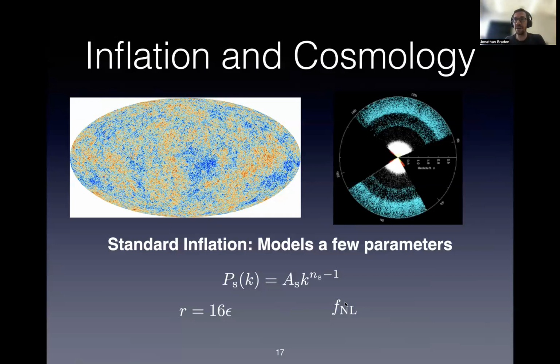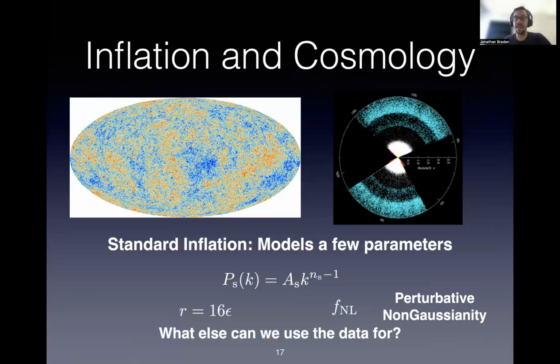But really, we're taking this very complex, rich data set and just trying to use it to grab two numbers. Okay. And given that we're not ever going to get another data set, there's only one universe we get to observe, I think it's worthwhile to ask, what else can I use this data for? Are there other things that I can search for?